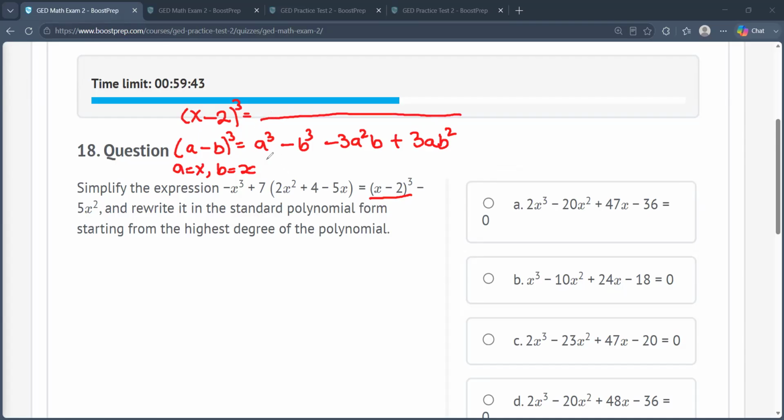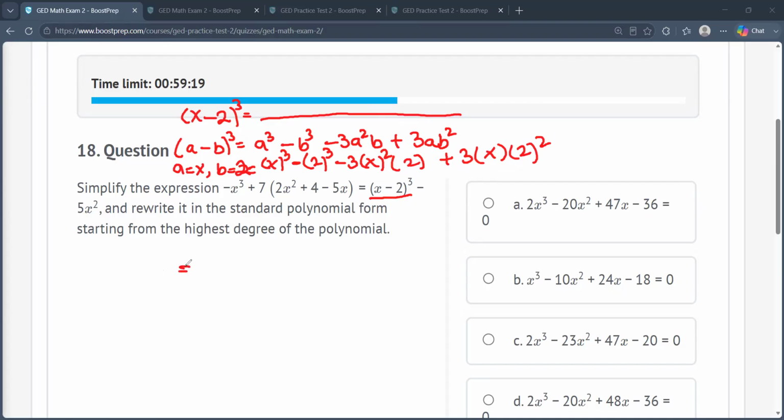And then all we got to do is put it in the formula, and you're good to go. So a cubed, a is x, so it's x cubed, minus, my b is 2, so minus 2 cubed, minus 3 times a squared, which is x squared, times b, which is 2, plus 3 times a, which is x, times b squared, b is 2.